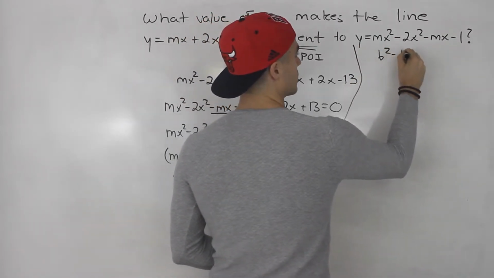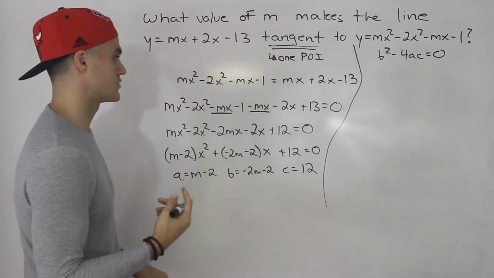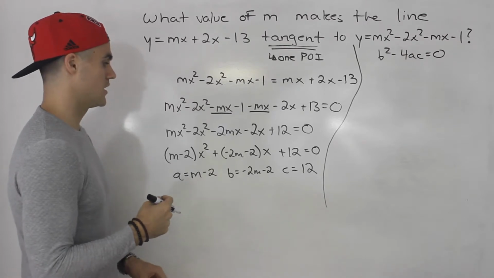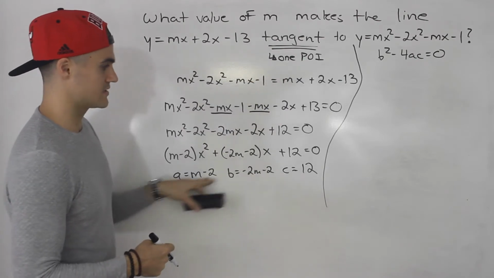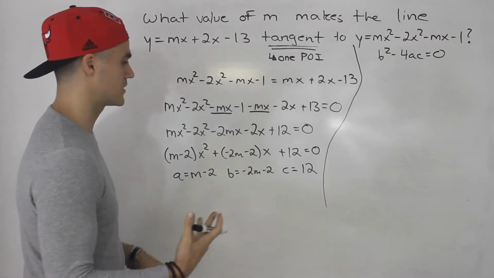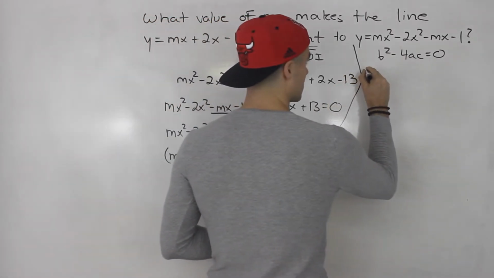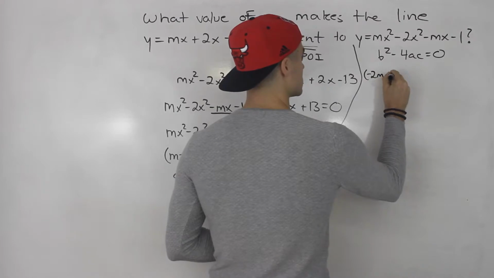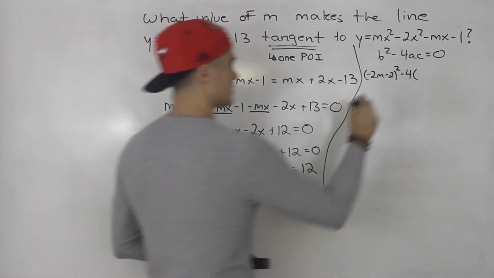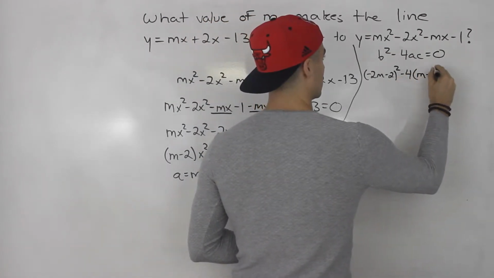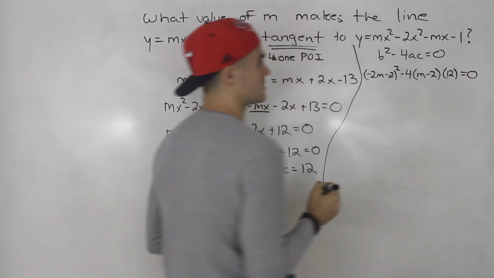So b squared minus 4ac, the discriminant, has to equal 0 if there's going to be one solution to a quadratic equation. So notice that we could just plug in for a, b, and c these expressions over there, and then we could solve for m. So the b value is negative 2m minus 2, so this would be negative 2m minus 2 squared minus 4. The a value is m minus 2. And the c value is 12. And that's going to equal 0.